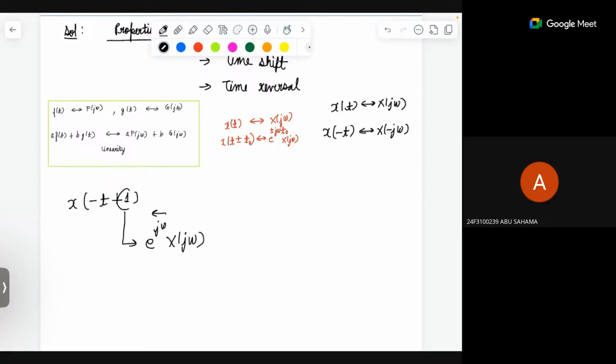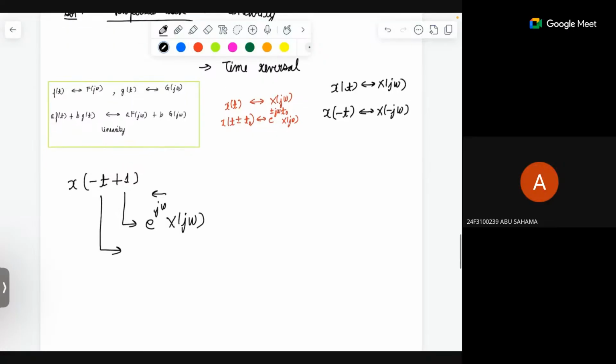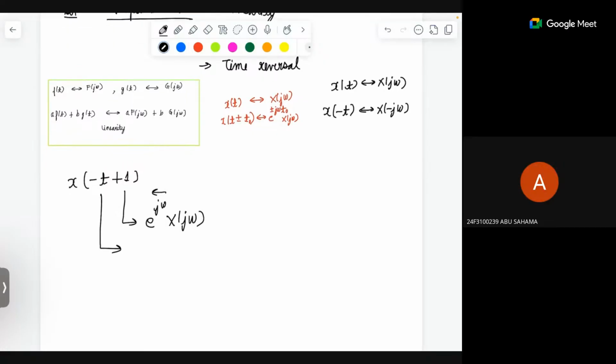Plus 1 is there now. Next, I will do reversal. So in reversal, I will replace omega by minus omega. So e to the minus j omega... X of minus j omega. This is clear to everyone? Sonali, Swastika, Uma, is that clear? Yes, ma'am.